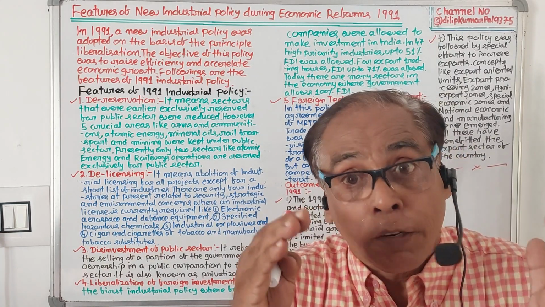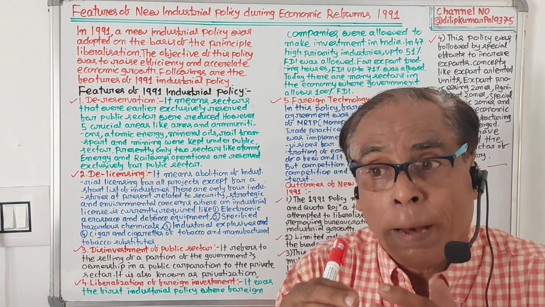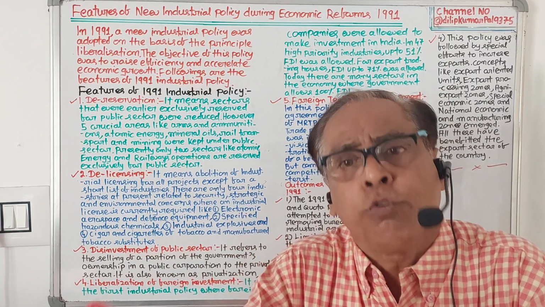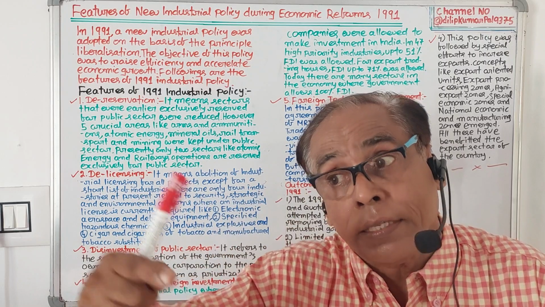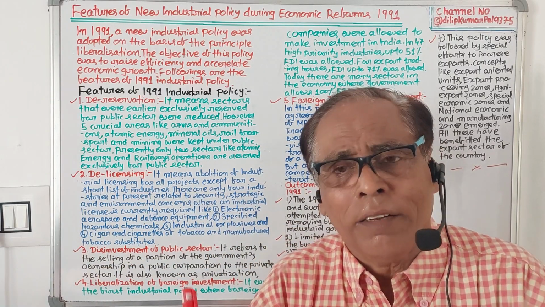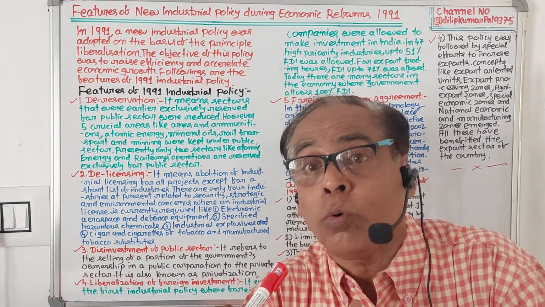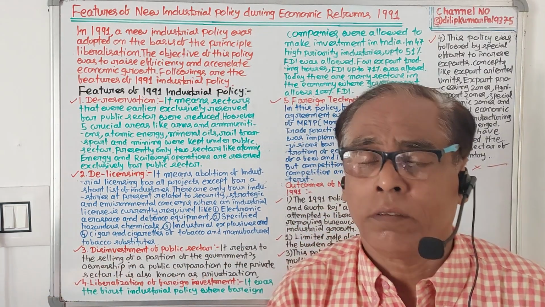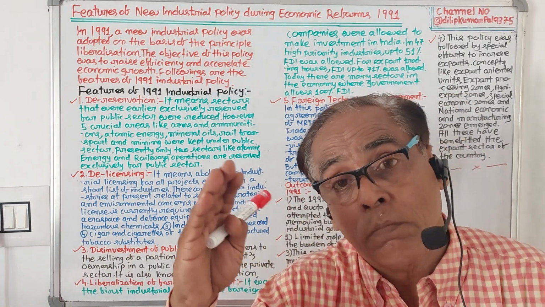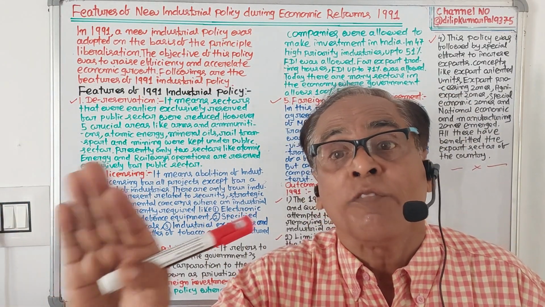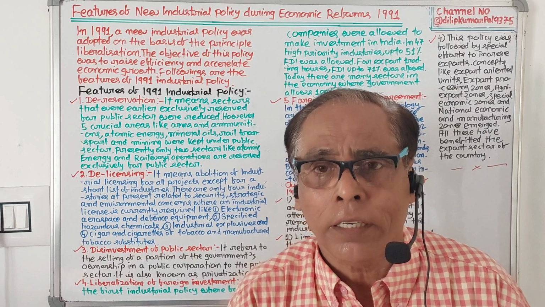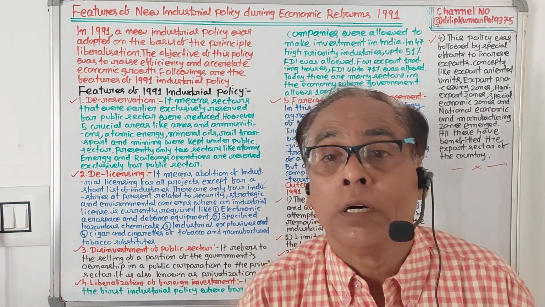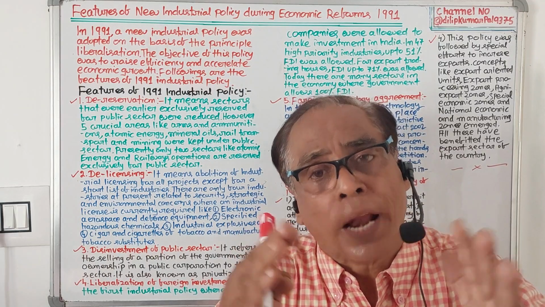It is a policy by which government decided to sell part of that public sector or the whole of it to a private sector which will run that public corporation in profit. It is known as privatization.